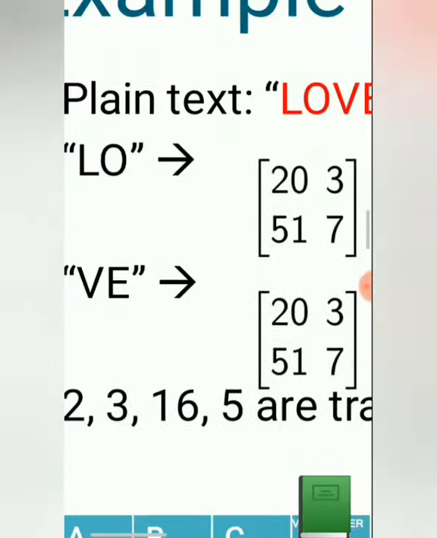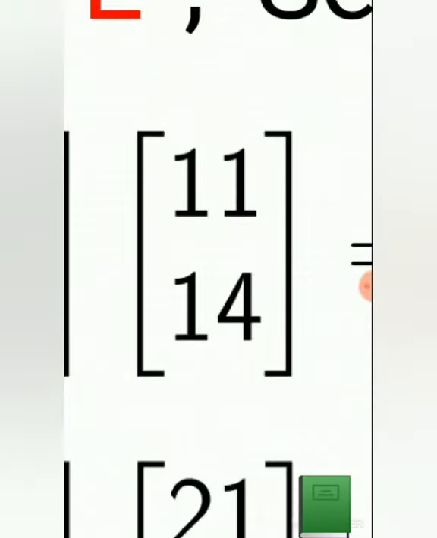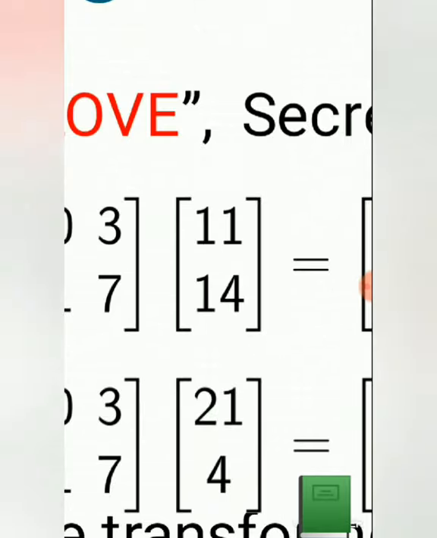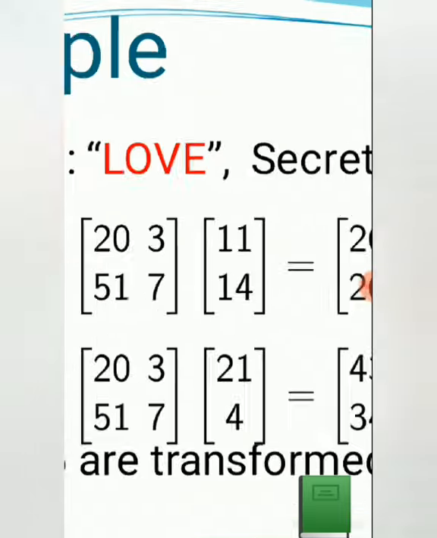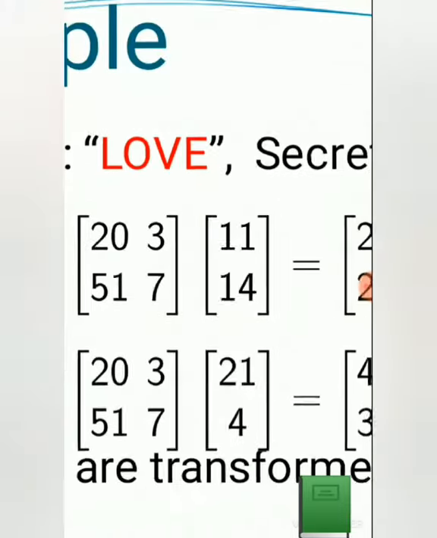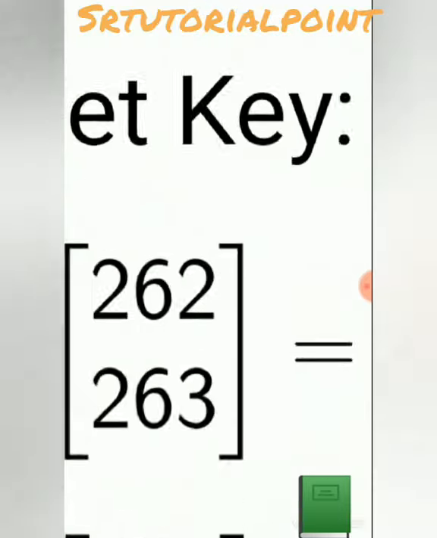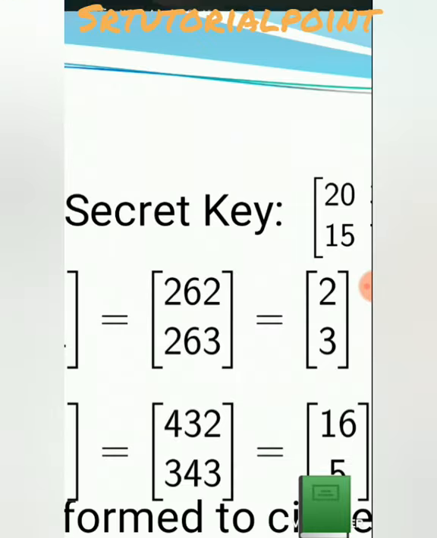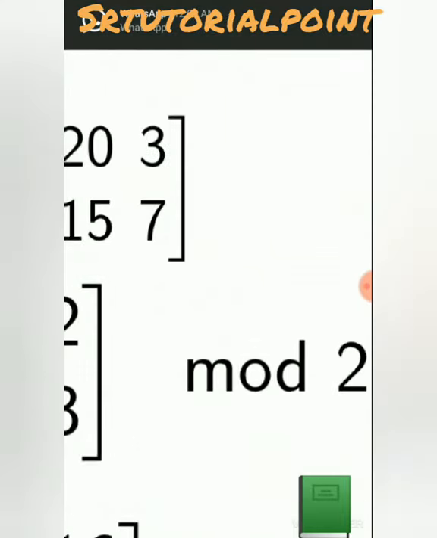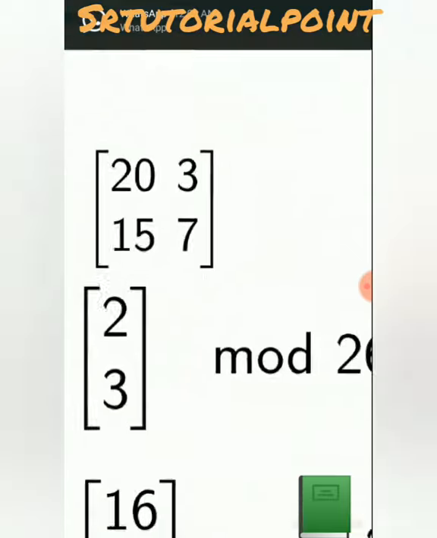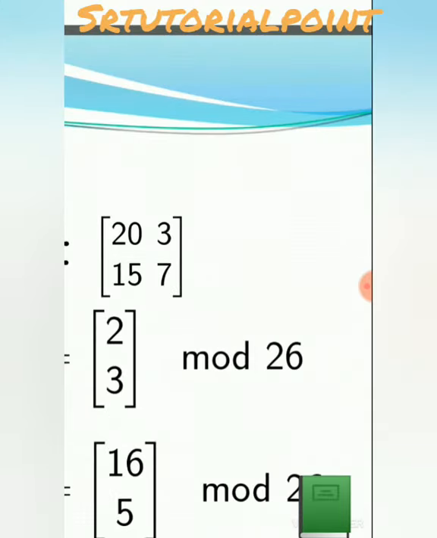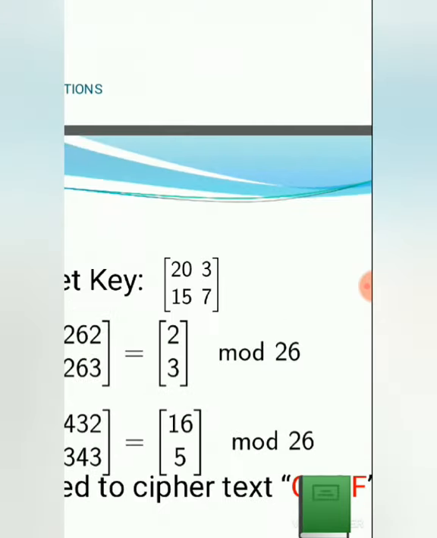Substitute 11 and 14 for L and O. Then do the matrix multiplication and you get this value. Then it can be reduced to 2 3, mod 26.